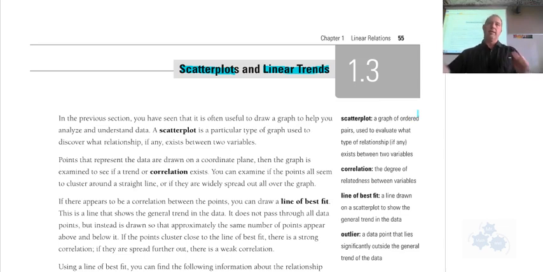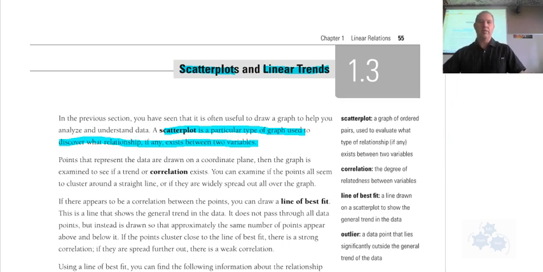You put a bunch of points on the graph where your independent variable and your dependent variable kind of meet up, and that creates a scatter plot. It's a particular type of graph used to discover what relationship, if any, exists between two variables. So we've been doing that.